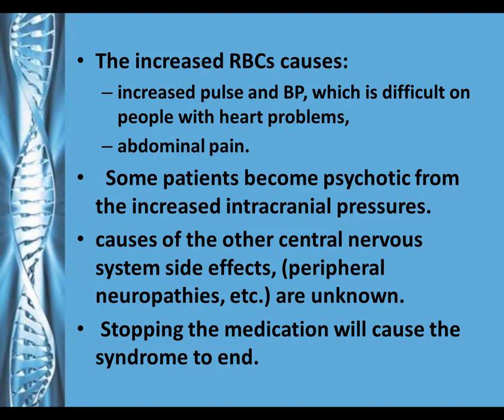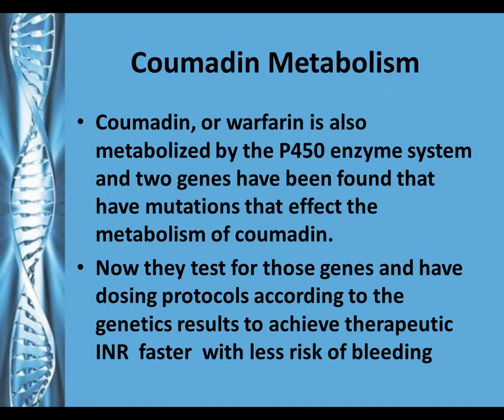Some patients have been known to have psychotic events, and this is related to an increase in intracranial pressure. Other central nervous system side effects you might see are peripheral neuropathies. The treatment to decrease these symptoms is to stop taking the medication. By no longer taking the medication, the syndrome is said to have ended.